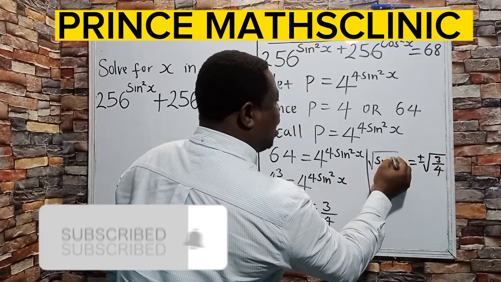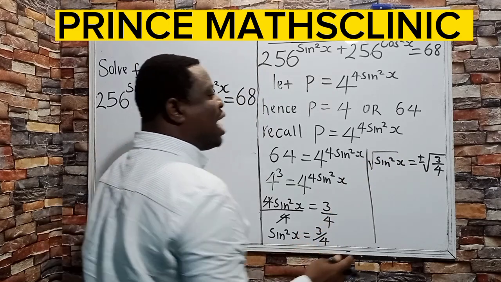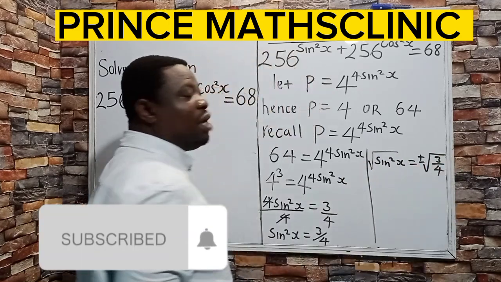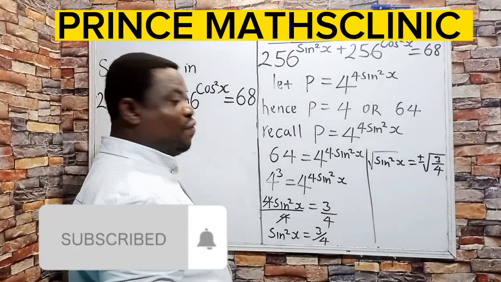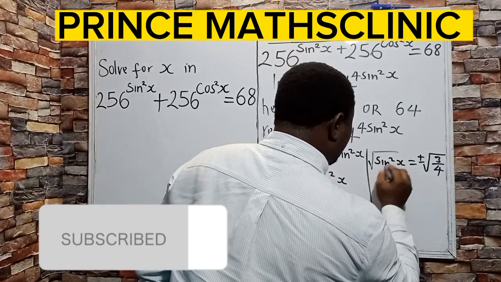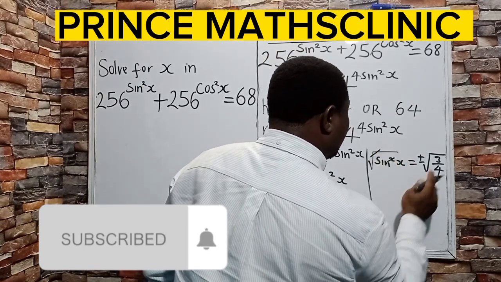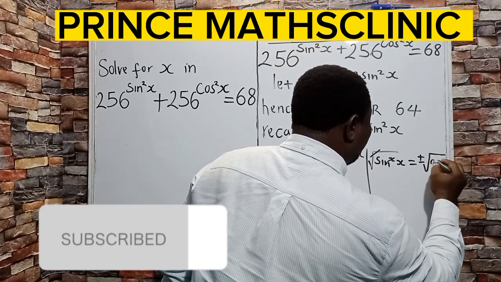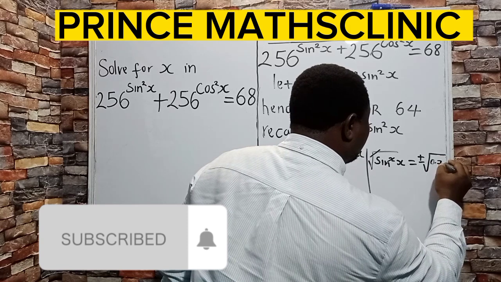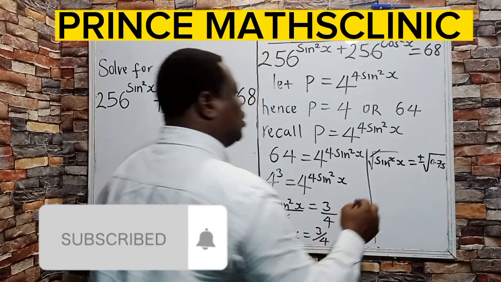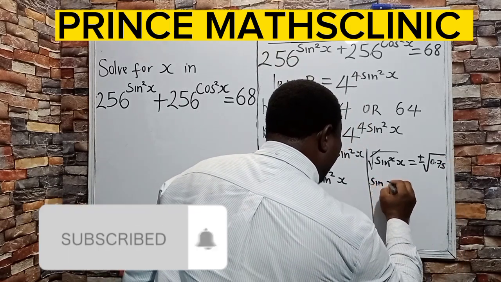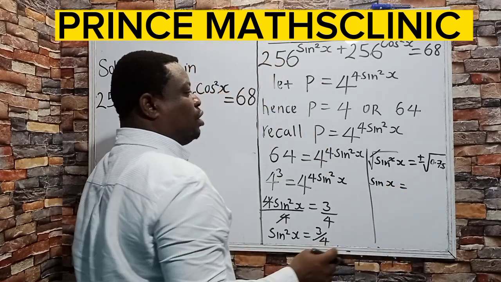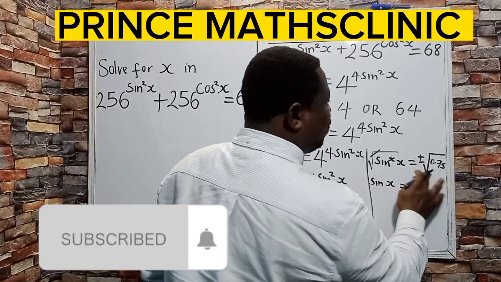Now the square here cancels the square root, but before I do that, 3 over 4 is the same thing as 0.75. So I have that my sine x is the square root of 0.75.